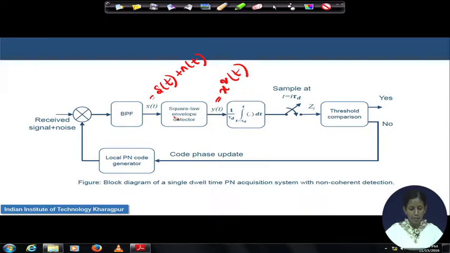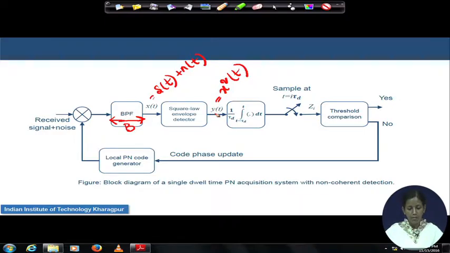And remember the noise added in this process has a bandwidth restricted by the bandwidth of the band pass filter preceding the square law detector, which we called capital B. The noise has a one sided power spectral density of capital N_0. Hence, when the signal is present, y(t) has a non-central chi-square distribution dependent upon the signal to noise ratio.